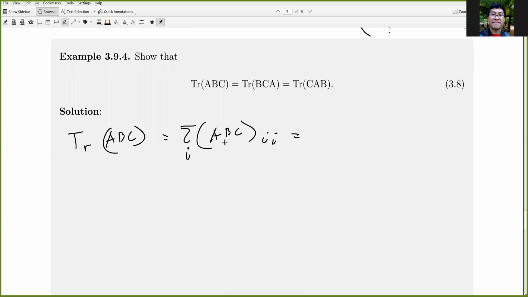Okay, so we can group together this AB here. So you have A_i, AB being grouped together. We can make a summation over all j, where we combine AB.